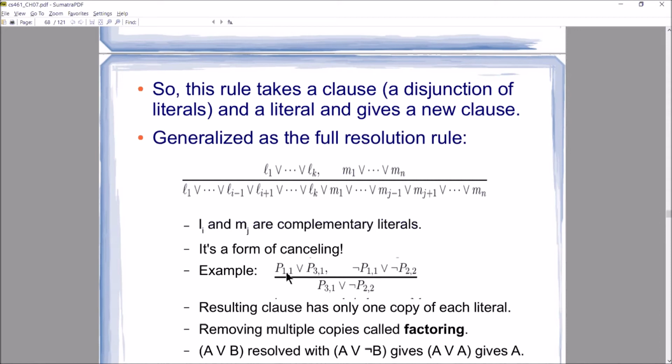Well, the P11 cancels out P11 and not P11. They eliminate each other. So what you're left with is a new clause that is the remnants of the first disjunct and the remnants of the second disjunct to give you your new clause, P31 or not P22.